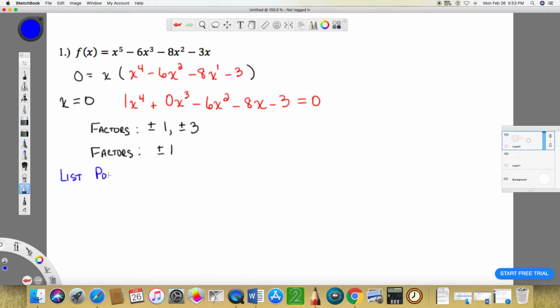of possible, and that's the key word, possible, rational zeros. It doesn't tell us anything if any of these zeros are irrational numbers, like the square root of 2.